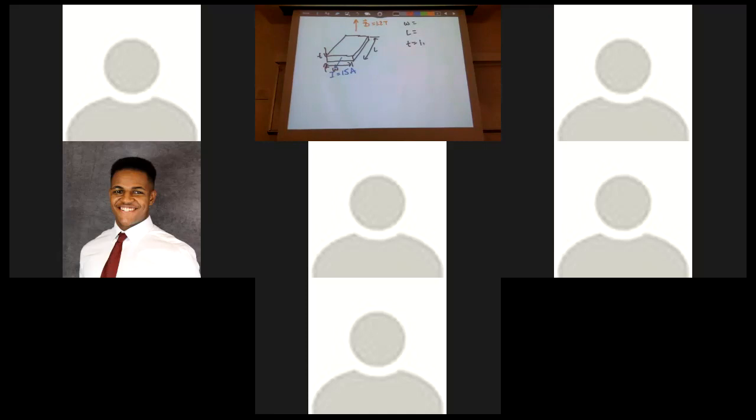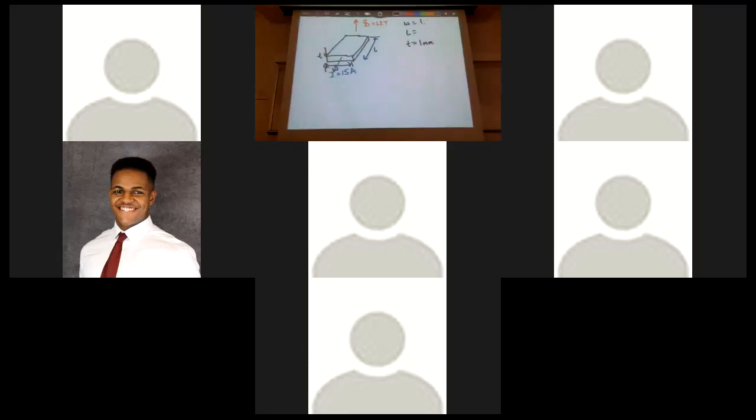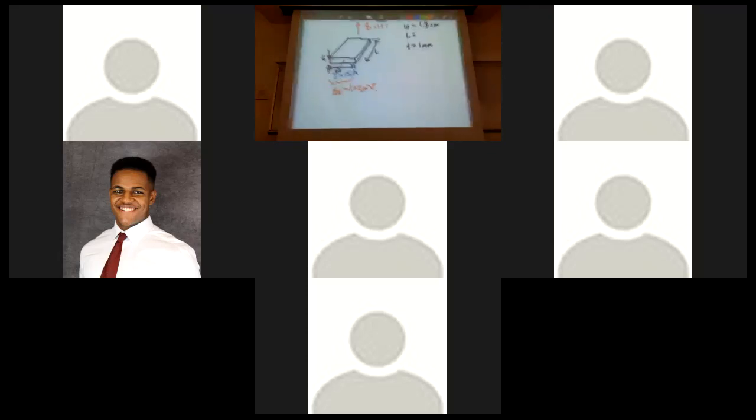And then we measure the potential difference across here, this Hall potential, which is 1.02 microvolts. Did it tell you the length? No, okay. We don't care about the length anyway.